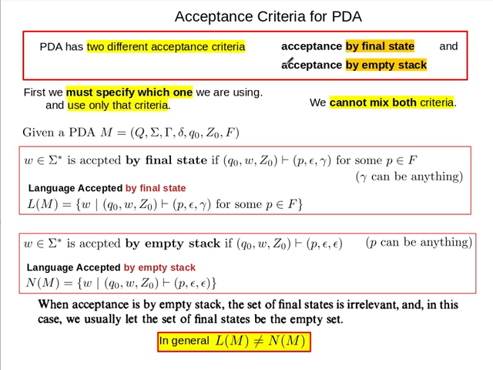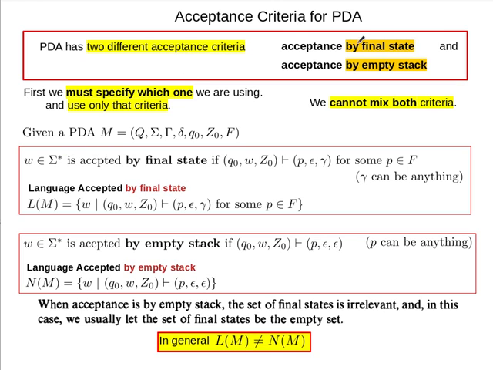You choose one of these two things before talking about accepting any string, and once you have chosen, then you see how we accept the string or not.